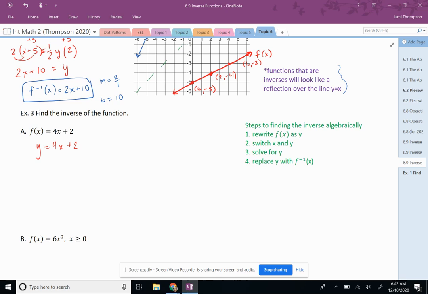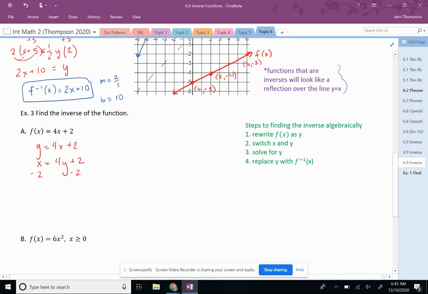Wonderful. So hopefully you took advantage of that opportunity. The next thing I'm going to do is I'm going to swap the x and the y, and then solve for y. So to do that, I will subtract 2 first.